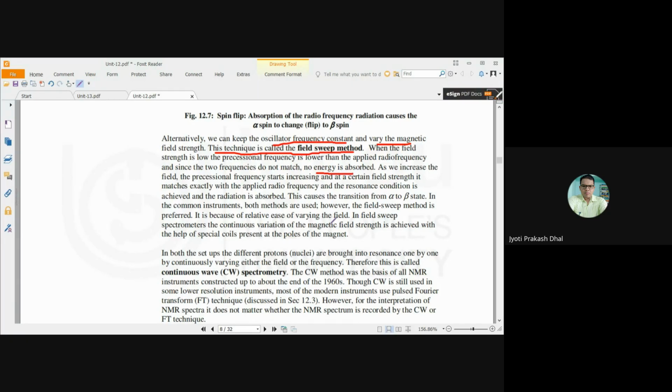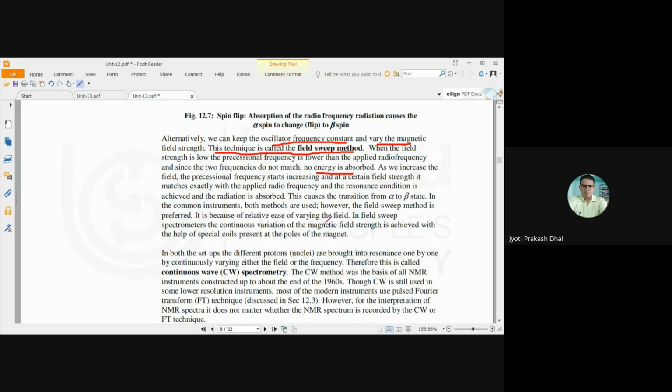As we increase the field strength, the precessional frequency starts increasing, and at a certain field strength it will match exactly with the applied radio frequency. At that situation, resonance condition is achieved and radiation is observed. When the radiation is observed, that causes transition from the alpha to beta state.